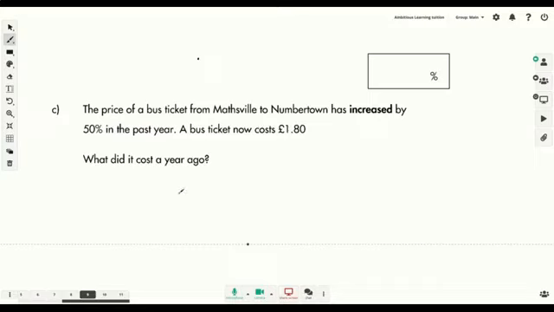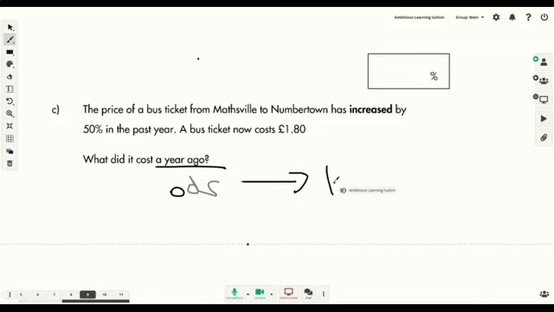The next one is: the price of a bus ticket from Mathsvilla to Numbertown has increased by 50% in the past year. A bus ticket now costs £1.80. What did it cost a year ago? So you need to find out the price a year ago. So you know that OLD is my old price.